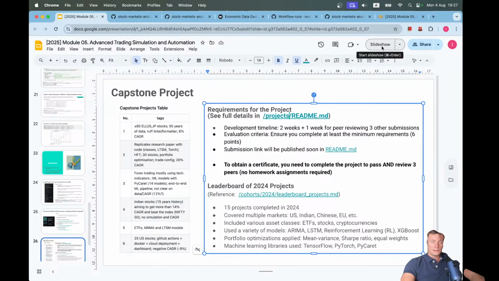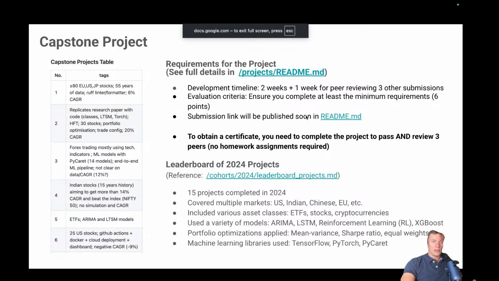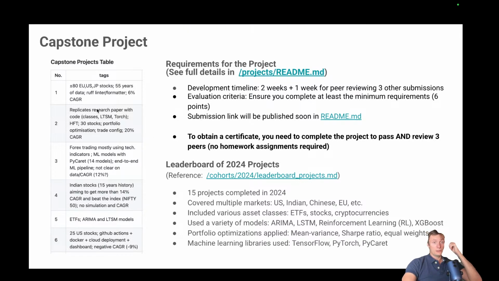For the leaderboard, I recommend you to look at a few projects, and I have tags for the project, so you can see how many stocks, which are the markets covered, what are the models like LSTM, what are the frameworks, whether it's PyTorch, TensorFlow, PyCaret.